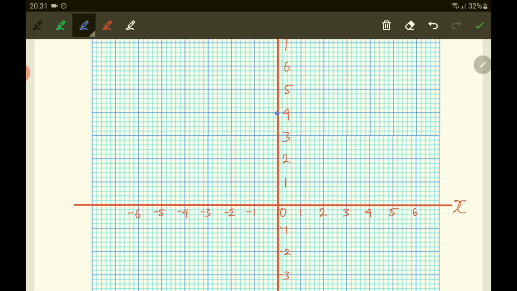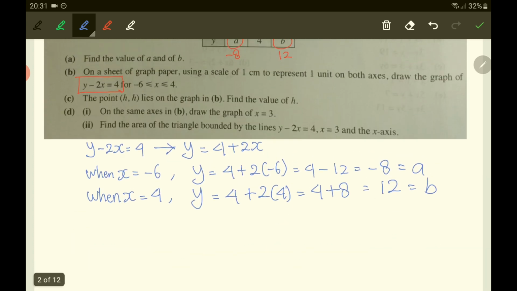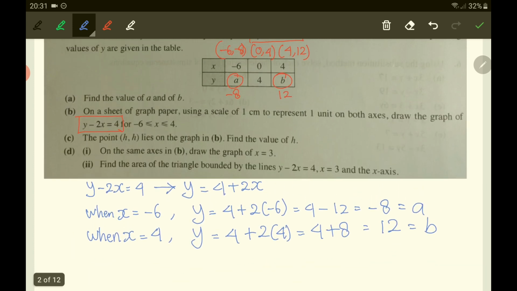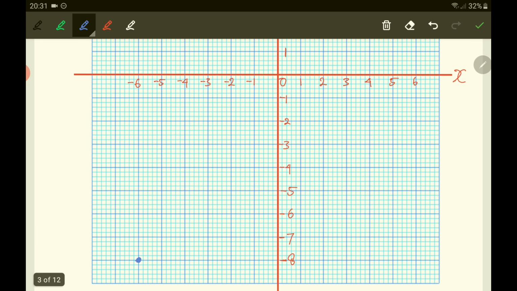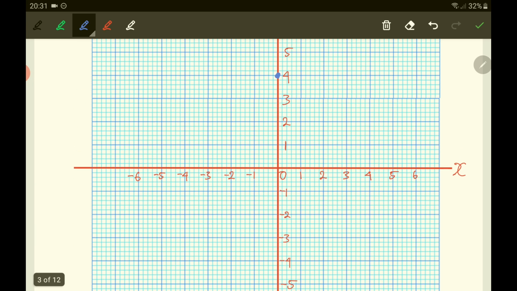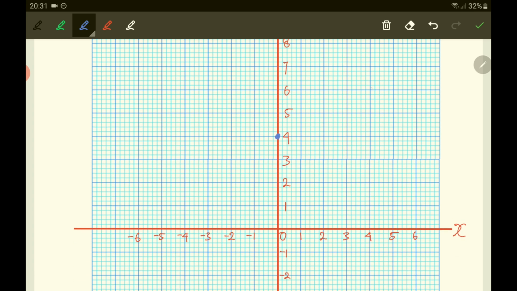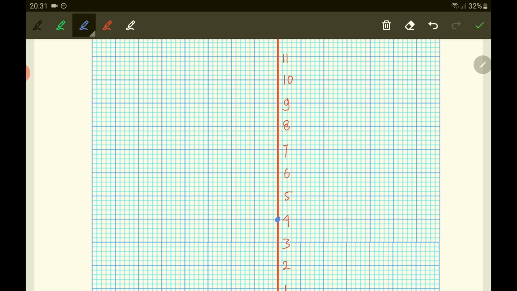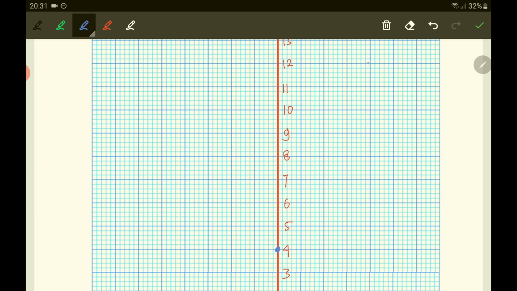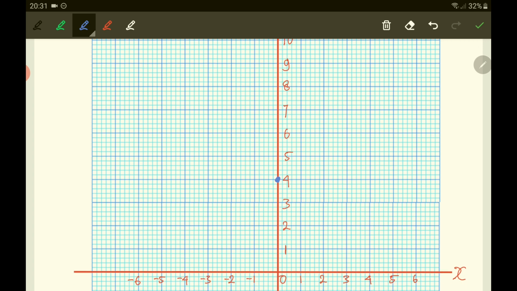This is the second point. The third point is 4 comma 12, so when x is equal to 4, y is equal to 12. This is the last point.